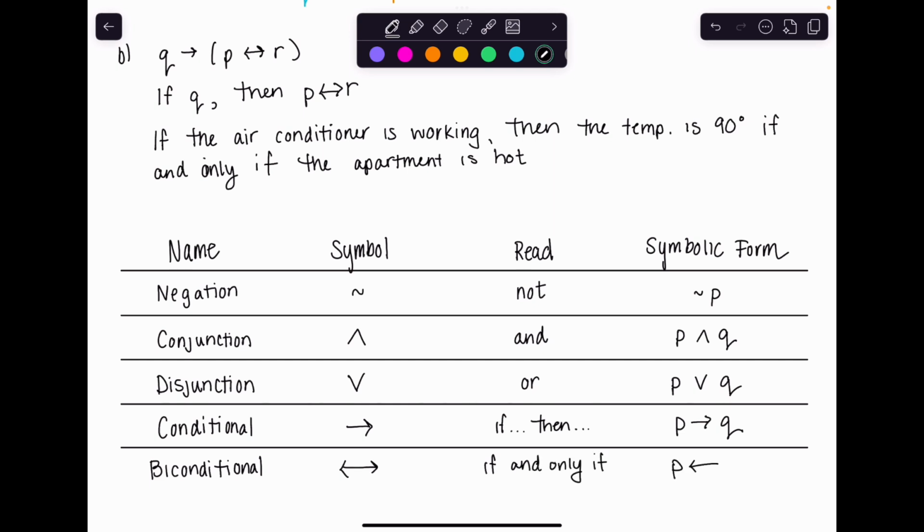So you have the arrow going in both directions. So these are the main operations that we're going to focus on, and now we can get into truth tables.